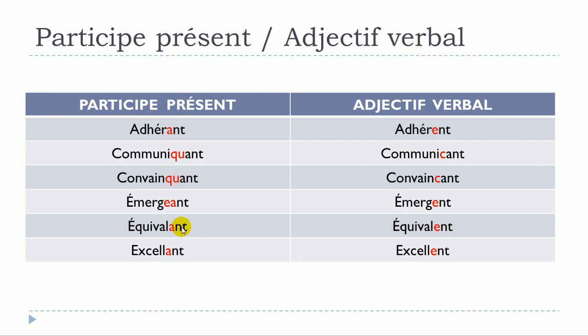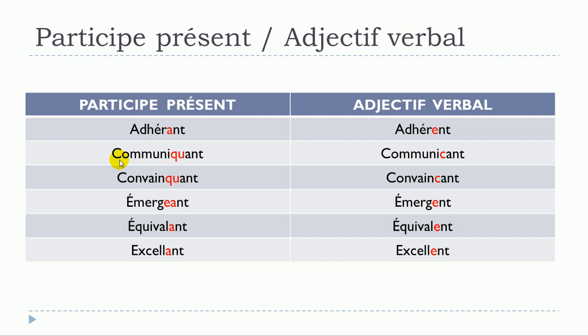So I will introduce a few exceptions here, and you can see the differences because I've put them in red. I will read them, and after that, that will be it. The first one is adhérent: participe présent, and then adjectif verbal, adhérent, like that. You can see the difference is only in the vowel, because phonetically it's the same.